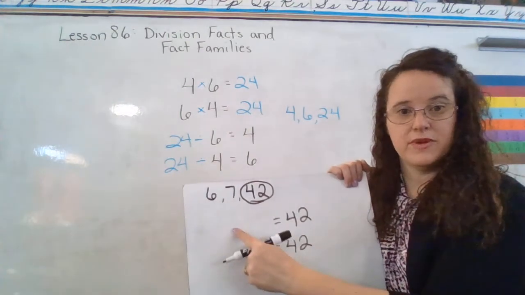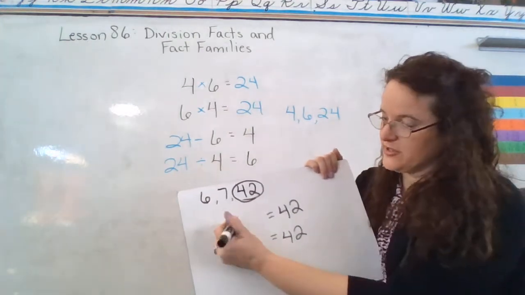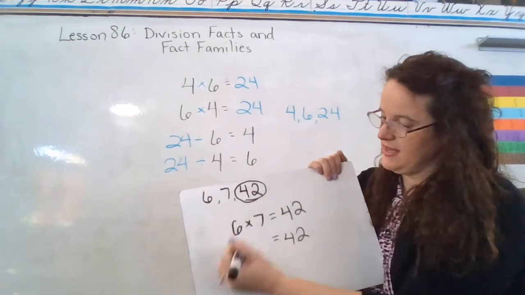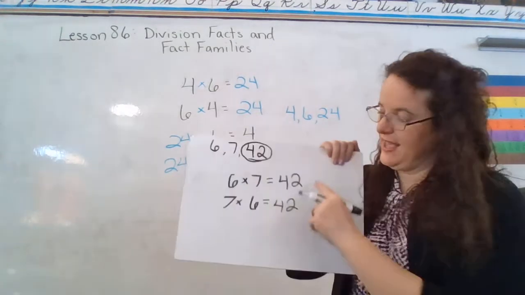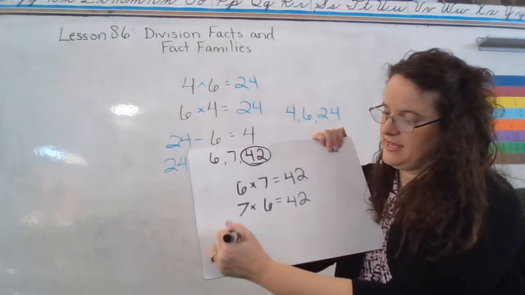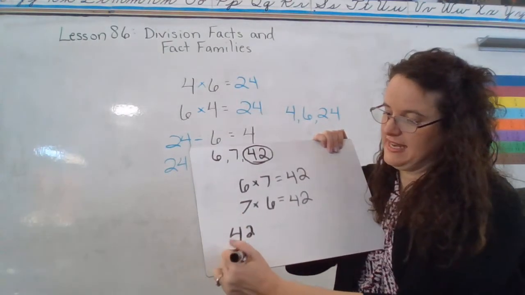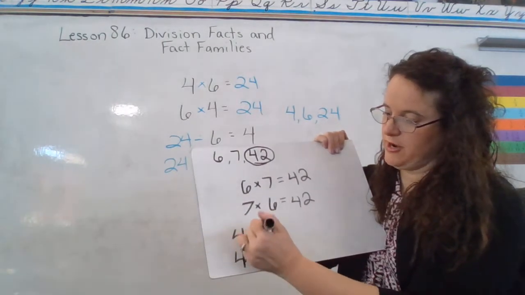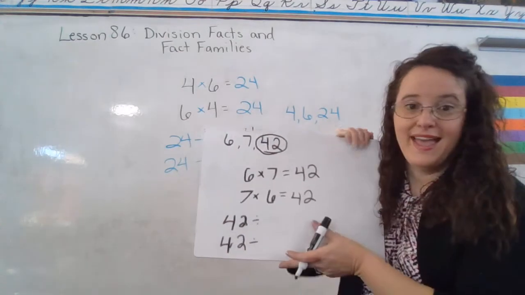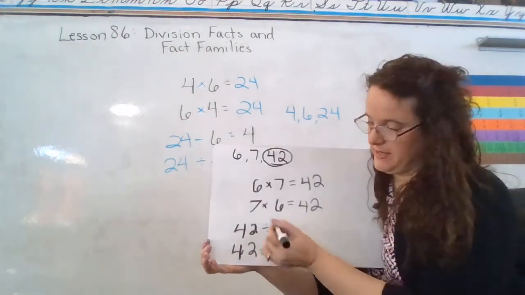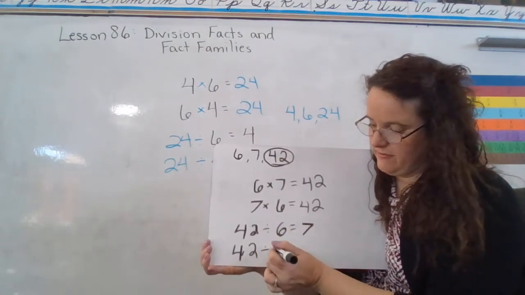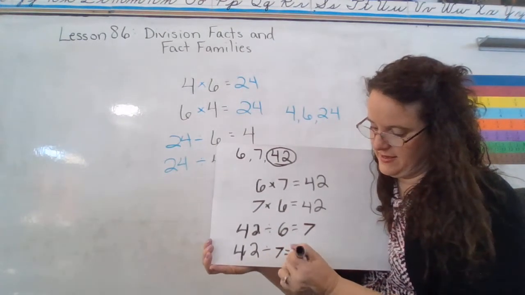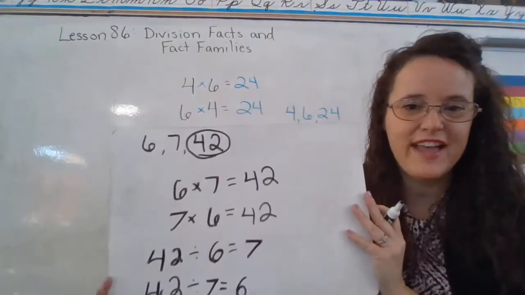So then over here, we can just flip-flop the factors. We can do 6 times 7, and then we can do 7 times 6. And our biggest number is going to go at the beginning of the division problems. And then once again, we can flip-flop the numbers. We can do 42 divided by 6 and 42 divided by 7, and there's our fact family.